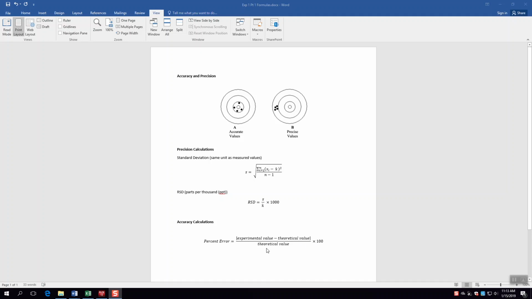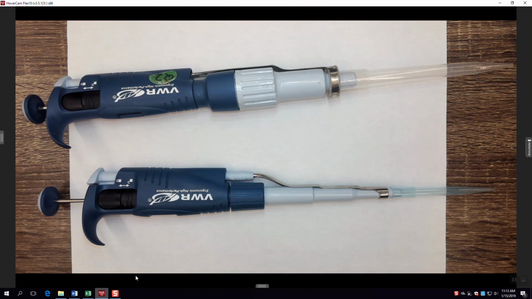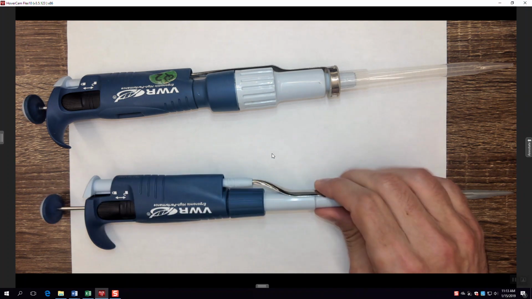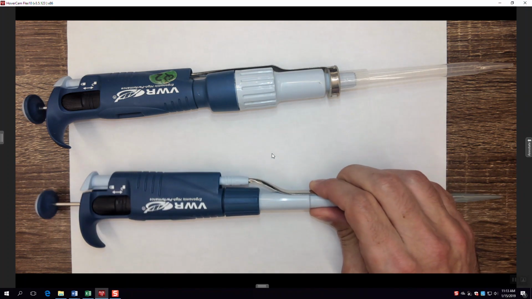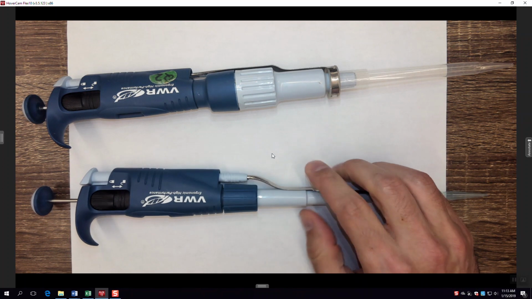Relative standard deviation is good if you're trying to measure values on different scales. So for example, the deviation in the mass of a car in grams from one car to another car might be relatively high because a car is heavy and the standard deviation in grams might be very high. But if you look at a single ball bearing in that car, which maybe has a mass of 0.25 grams, if the standard deviation were a whole gram, that would be a big problem.